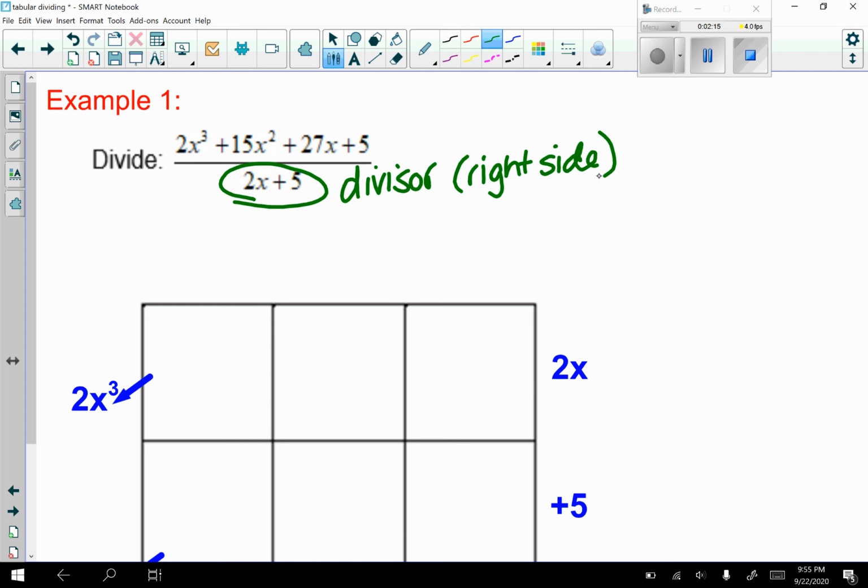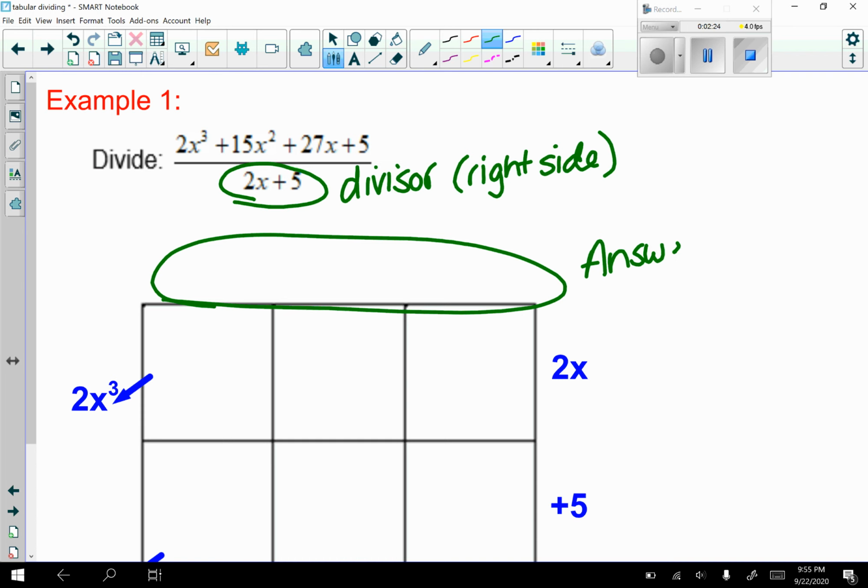And you're going to set up the box method the same way that you did for multiplying. Your answer up here is where we used to put something for multiplying, but in division, this is where you're going to find your answer, which remember is also called our quotient.